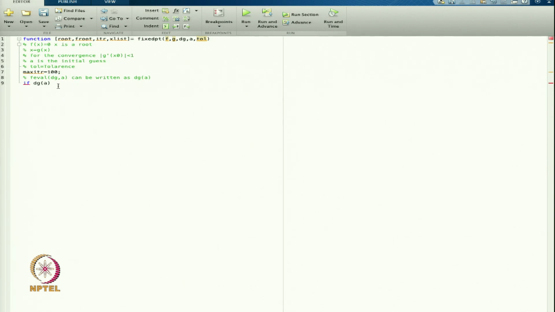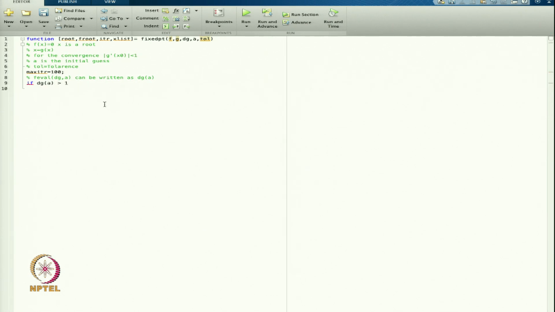So, I will put: if dg is greater than 1, suppose the value is coming 1, then I can display that for the given a, the modulus value of g dash at a is greater than 1.